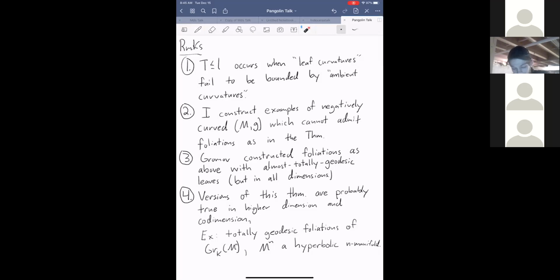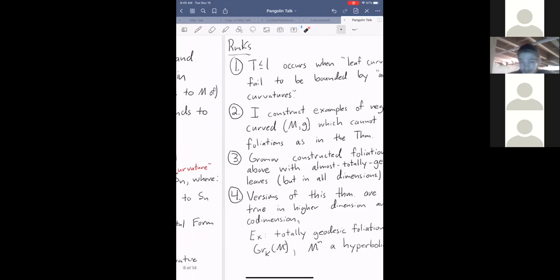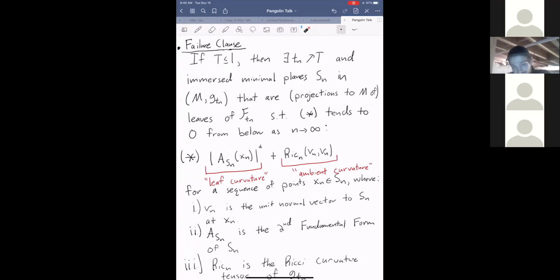What that means here is, we have this asterisk quantity, and for the foliations that Gromov constructs, this quantity always remains close to -2, right? So the second fundamental form is very small, and the Ricci curvature stays close to -2, since you're looking at small deformations of the constant curvature metric.